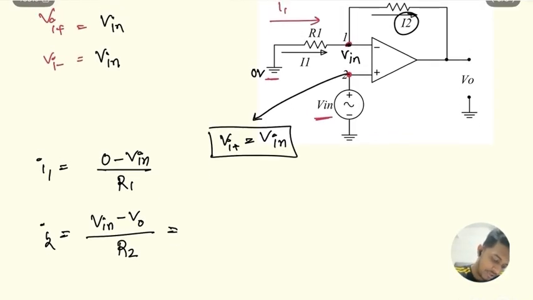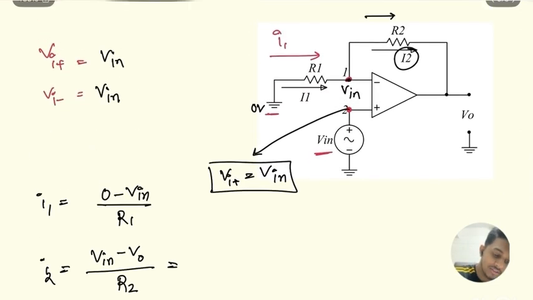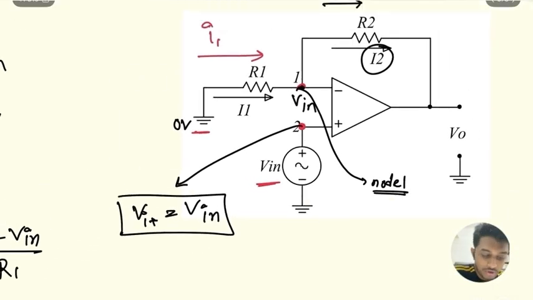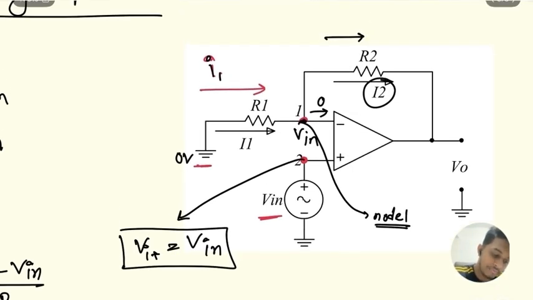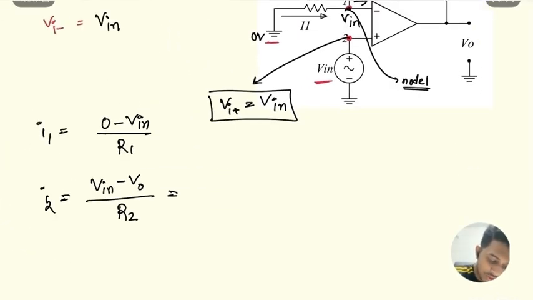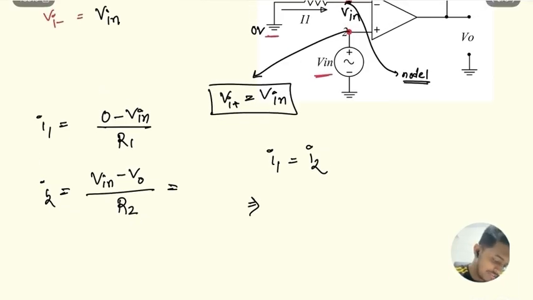Now look at this node. Let's call it node 1. If we apply KCL to this node, we can see that, as we already know, this current is 0. So I1 will be exactly the same as I2 according to the KCL. So I1 is I2. Now let's put the values of I1 and I2.